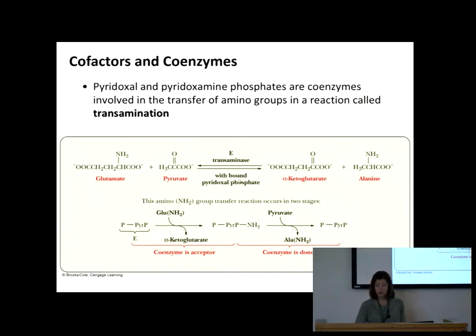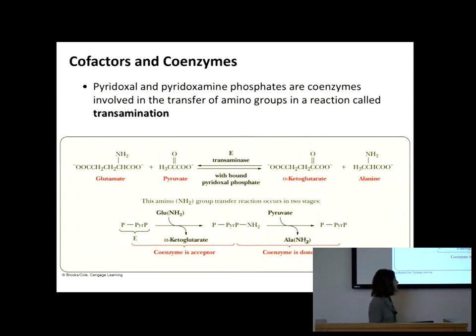And what it's going to do is it's going to move this nitrogen group from glutamate to the pyruvate in order to make alanine. So what happens in this mechanism is that the nitrogen, the amine group, comes off of the glutamate, goes onto the peroxyl phosphate, as we have here, and then it passes it to the pyruvate and makes alanine.